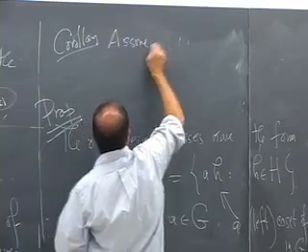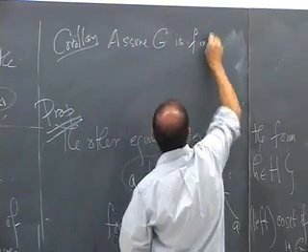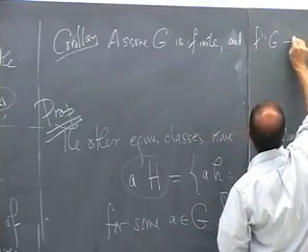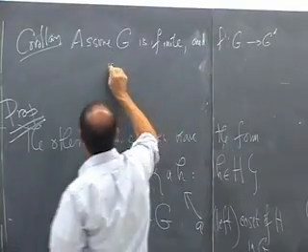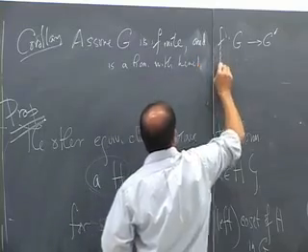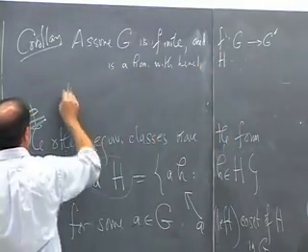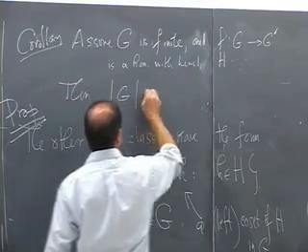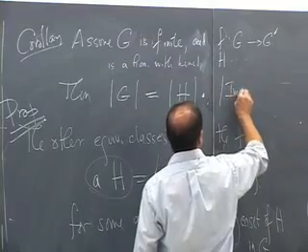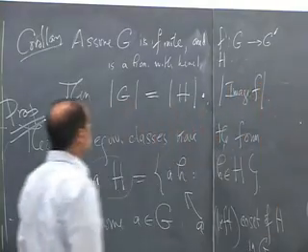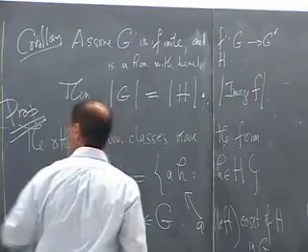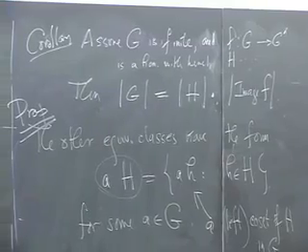Assume G is finite and f from G to G prime is a homomorphism with kernel H. Then the order of G is equal to the order of H times the order of the image of f, because we exhaust G in this picture by adding up the different elements in the cosets.